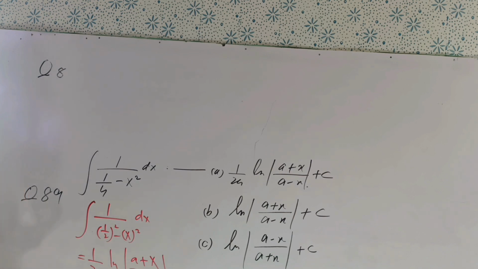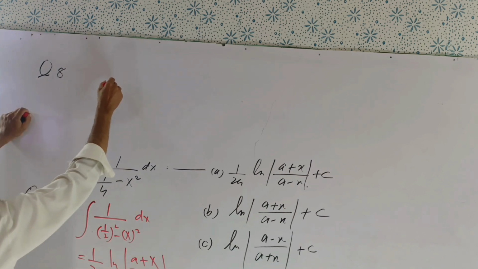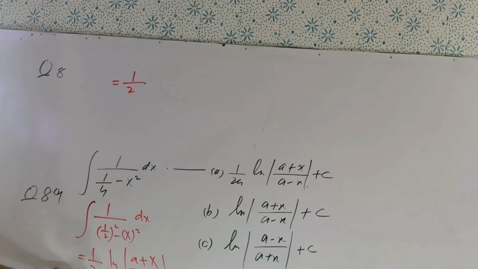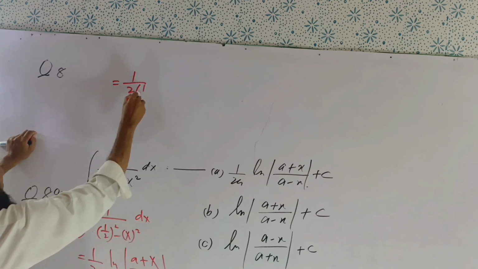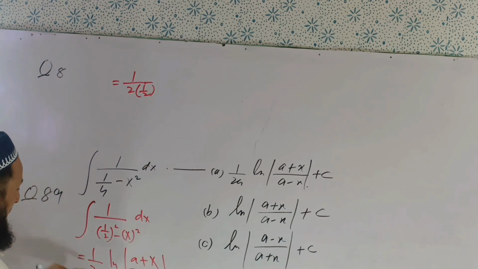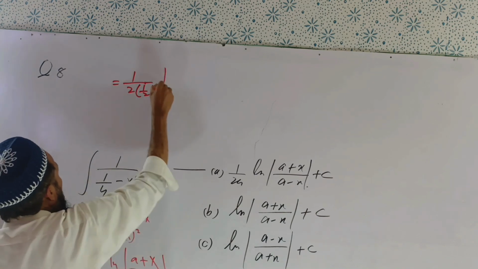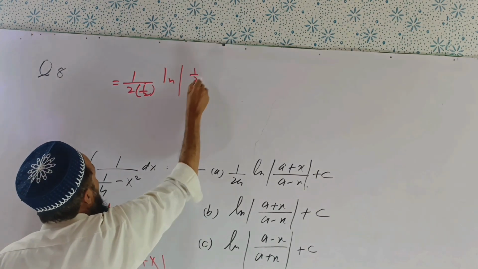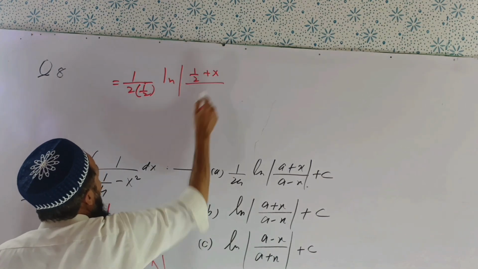So in the above formula, we substitute a equal to 1 by 2, so 1 over 2a log of (1 by 2 plus x) divided by (1 by 2 minus x) plus c.